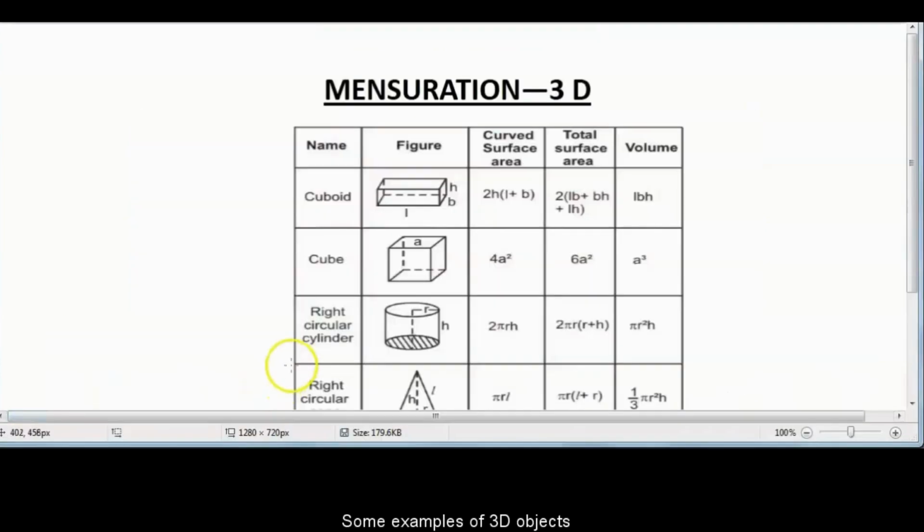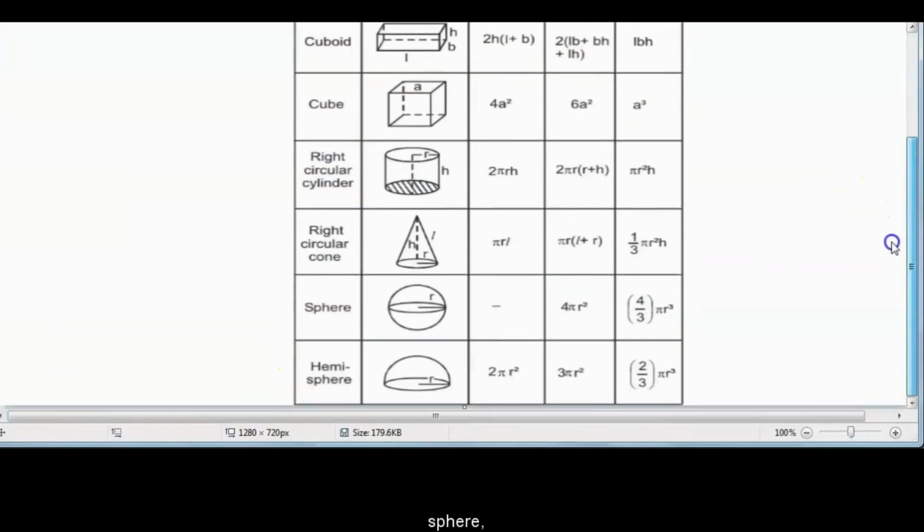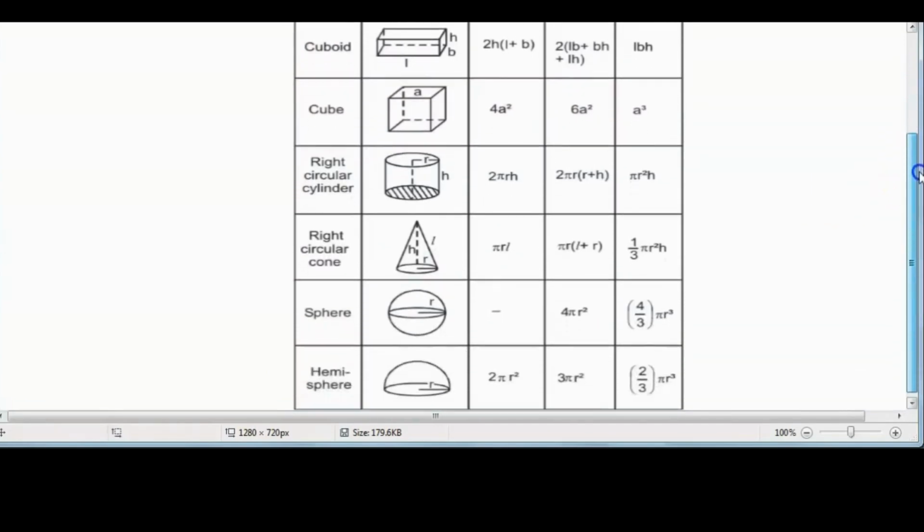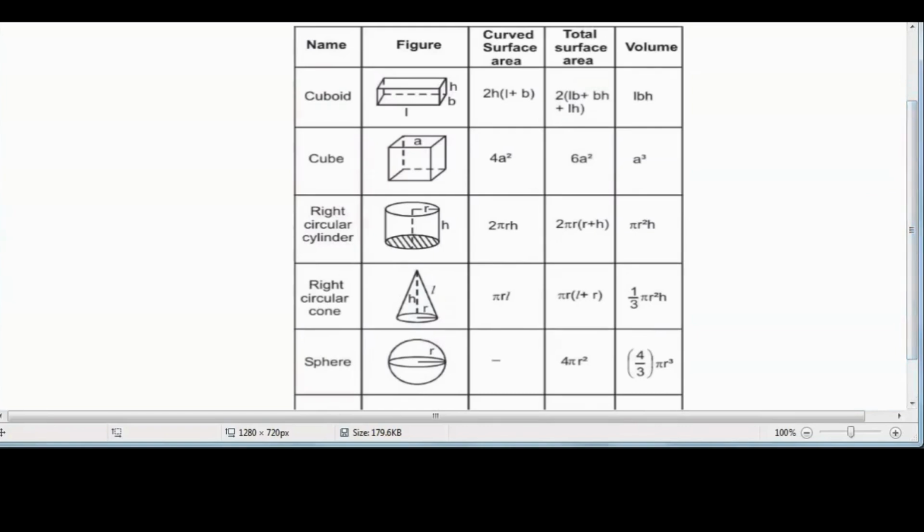Some examples of 3D objects are cubes, cuboid, cylinder, sphere, hemisphere, and so on and so forth. The areas and volumes of these 3D shapes are also indicated. For a cube, the surface area is 6 squares.